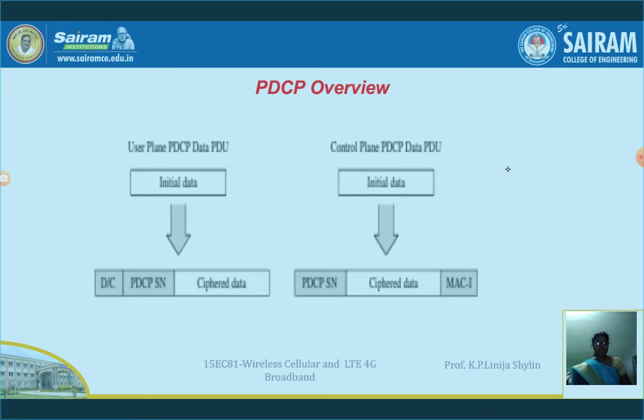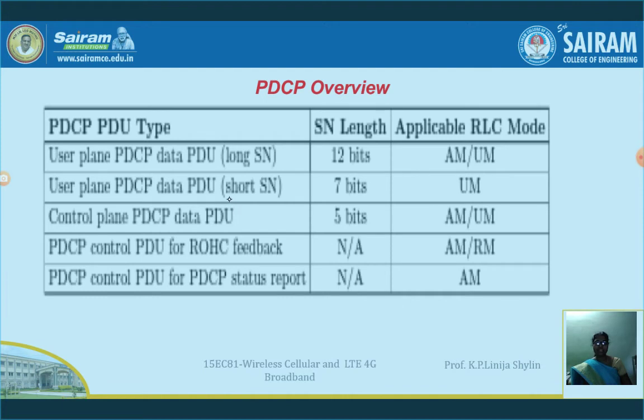Now see here, this is the tabular column which shows the sequence length. The long sequence length is 12 bits, and the applicable modes are acknowledged mode and unacknowledged mode. When you come to the short sequence, that is 7 bits, the length is reduced, so we use only unacknowledged mode.